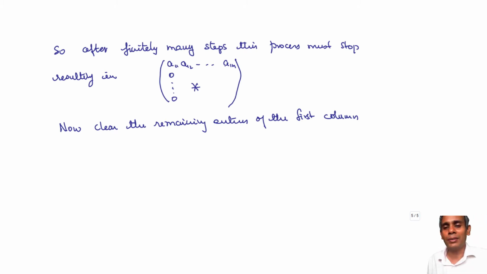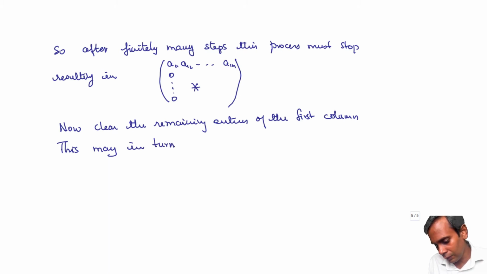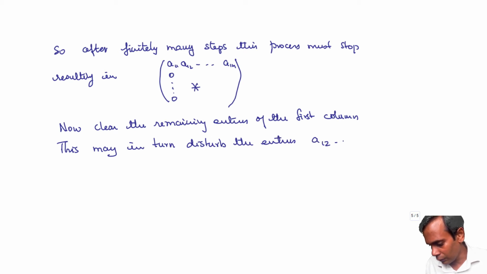So what is the way out of this? The way out of this is the fact that each time we do this, we are further reducing d of A11. So this may in turn disturb the entries A12 to A1n, making them non-zero.